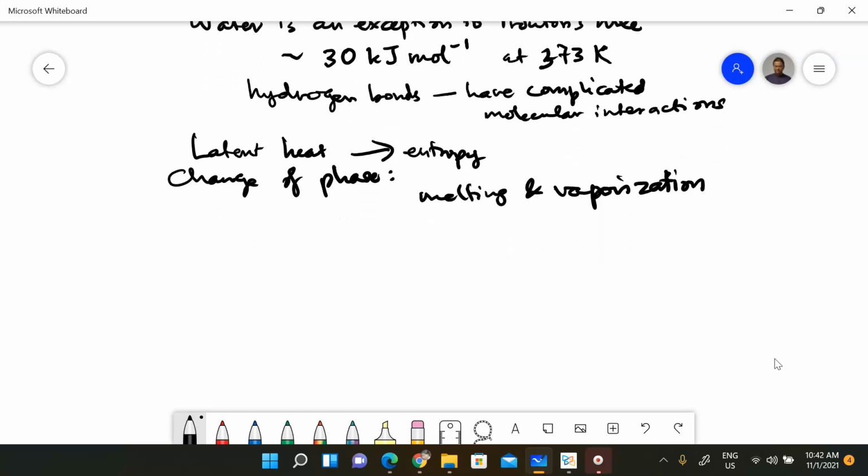So if that is the only change of phase allowed, then essentially you can calculate your entropy in this way. There will be an entropy defined at the reference point. As usual, this would actually be the lowest temperature there. And then for the first case, the melting, this will be the so-called fusion temperature.